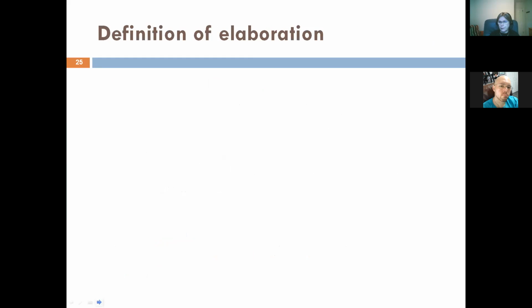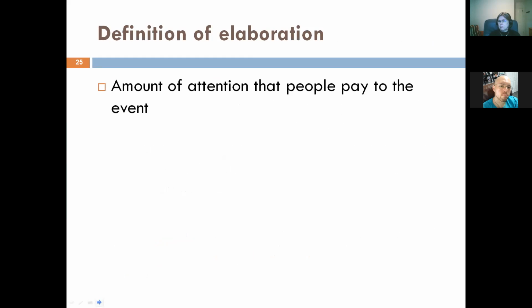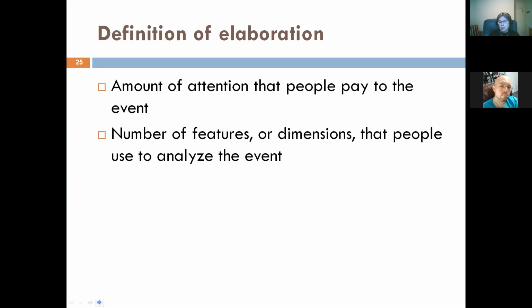And let's just finish with the definition of elaboration before we take a break. Maybe it is the amount of attention people pay to the event. Maybe it's just time, right? If you spend 5 seconds as opposed to 1. Maybe it's the number of dimensions that you're thinking about. Is it pleasant, unpleasant? Is it pink or is it white? Is it tall or is it short?